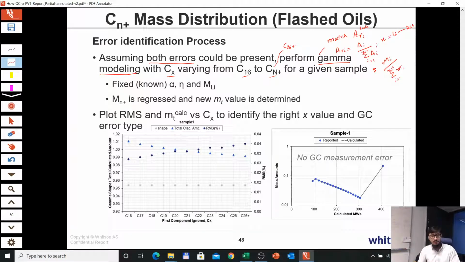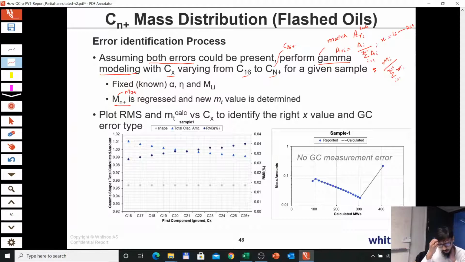And what we have also discussed before is that when we try to match these lab relative areas, we will be regressing on this Mn plus molecular weight. So in our case that is, for example, the C7 plus molecular weight. So we will be regressing on the C7 plus molecular weight and we'll be calculating a new total mass.